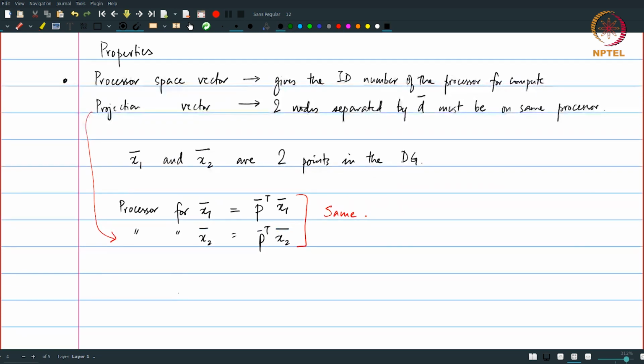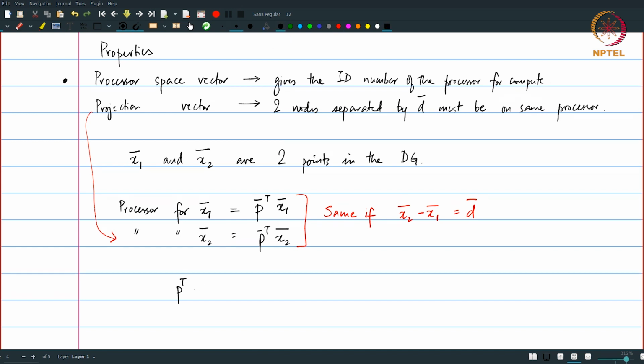These two must be the same if x2 minus x1 is equal to D. That is to say, if x1 and x2 are separated by D, then both the processors for x1 and x2 must be the same. So let's put this clearly.